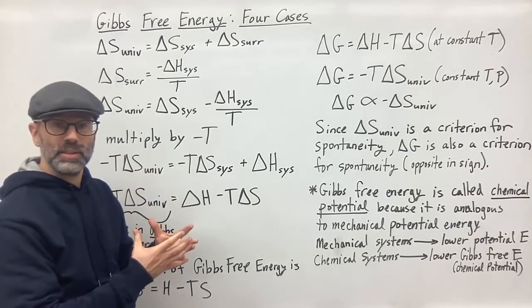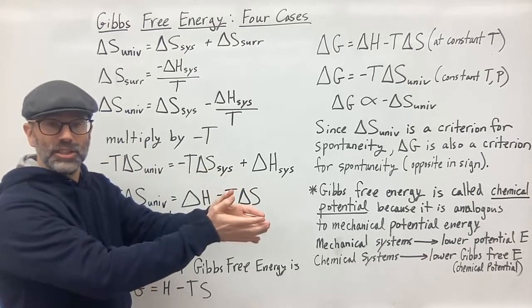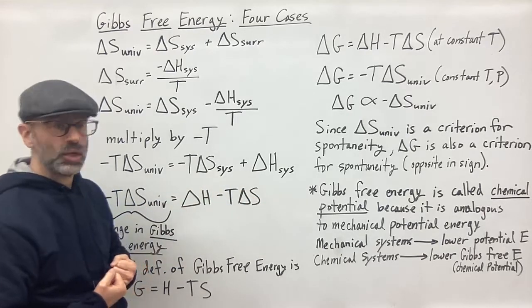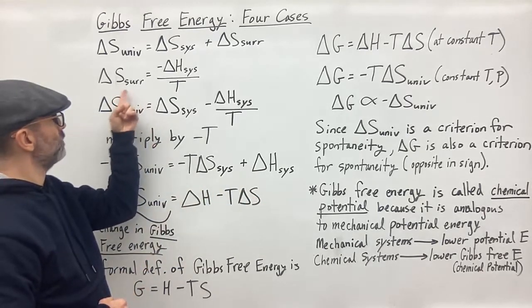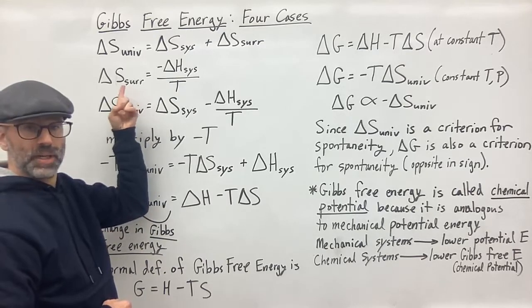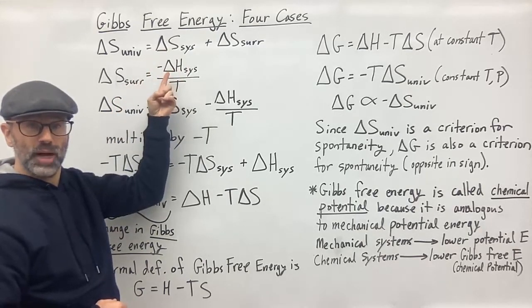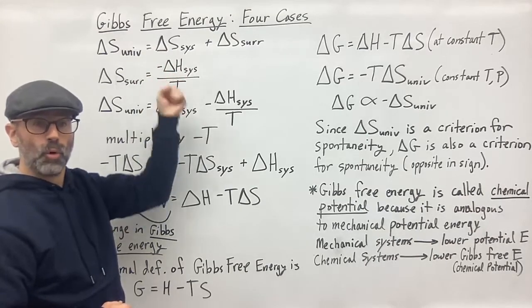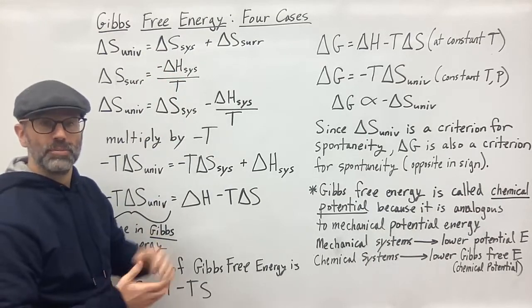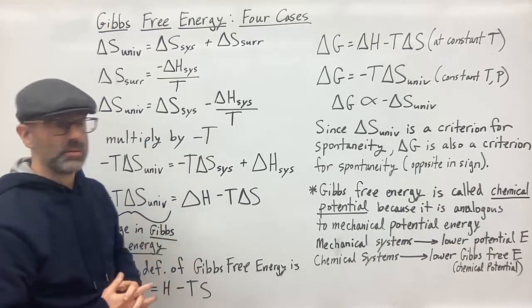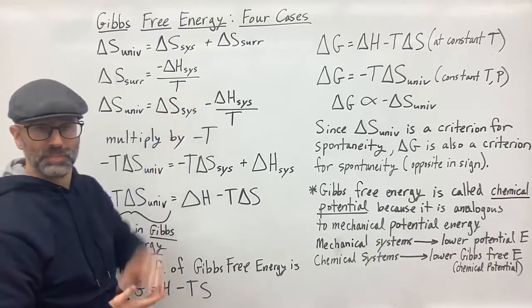So the enthalpy of the system, if it gives that energy to the surroundings or if it absorbs that from the surroundings, the entropy of the surroundings is tied to how much energy is absorbed from the system or lost to the system at a particular temperature.